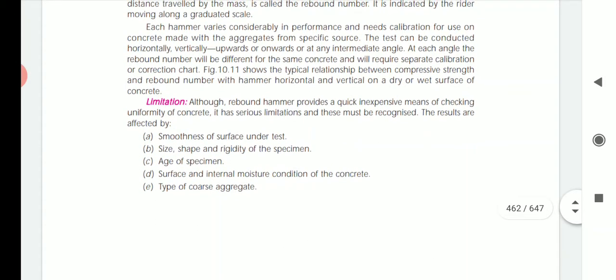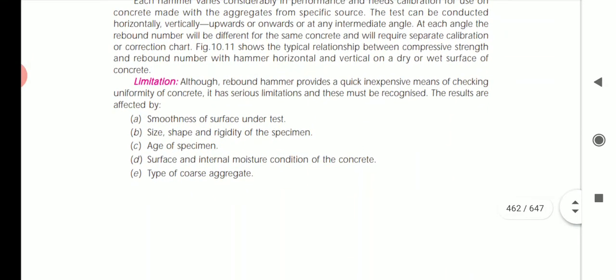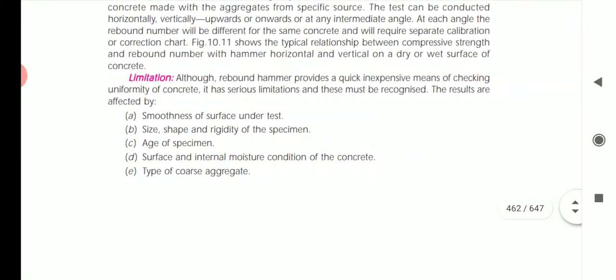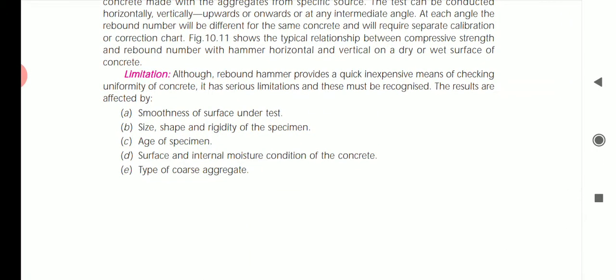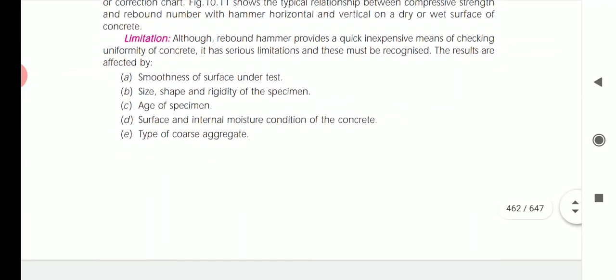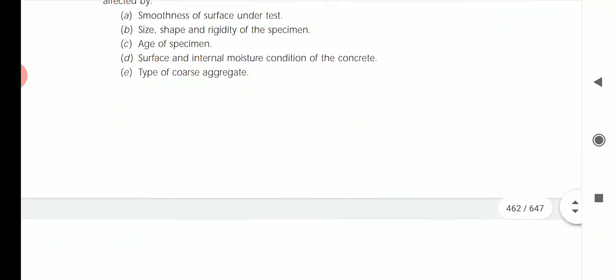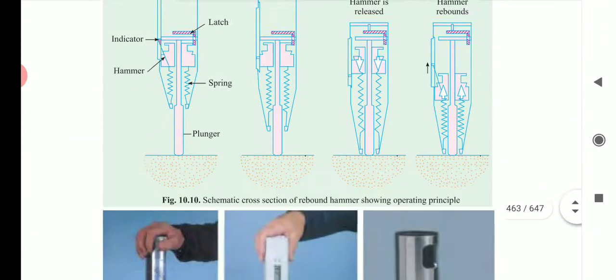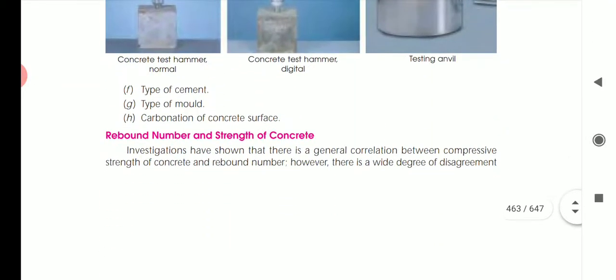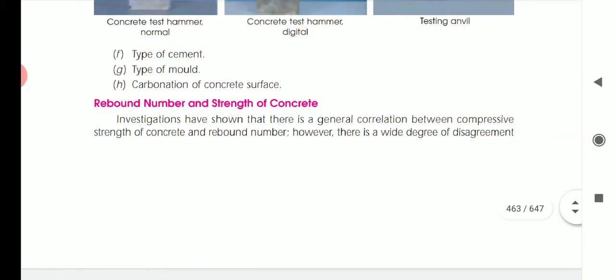Although the rebound hammer provides a quick, inexpensive means of checking the uniformity of concrete, it has serious limitations, and these must be recognized. The results are affected by smoothness of the surface under test, size, shape and rigidity of the specimen, age of the specimen, surface and internal moisture condition of the concrete, type of coarse aggregate, type of cement, type of mold, and carbonation of the concrete surface.